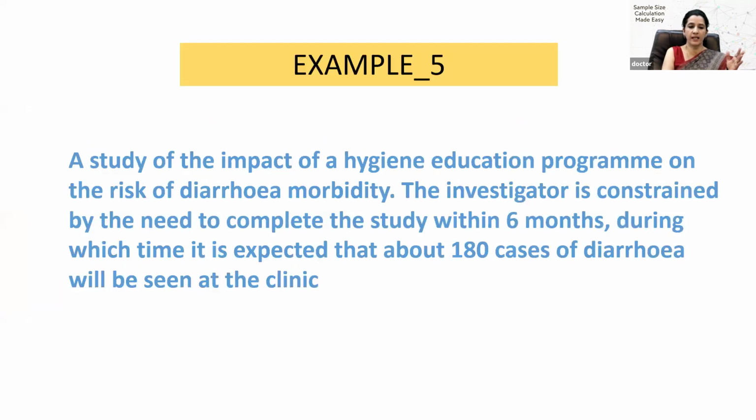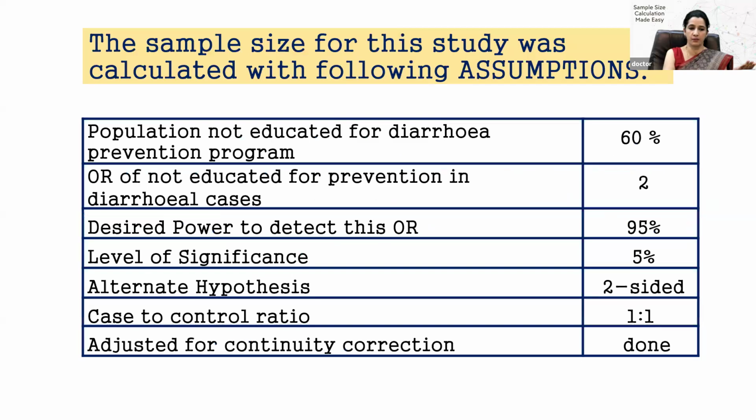Like in this case, this is just an example: a study of impact of hygiene education program on risk of diarrhea morbidity. So the investigator is constrained by the need to complete. If you need to complete your study in a short span of time, and you are not expecting that many cases, then you can do this. Or like in case of outbreak investigation, you can do this.